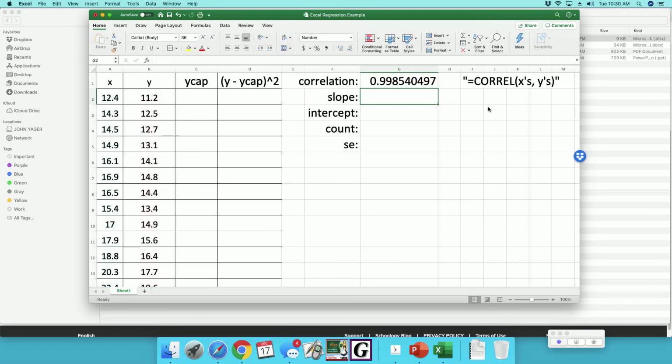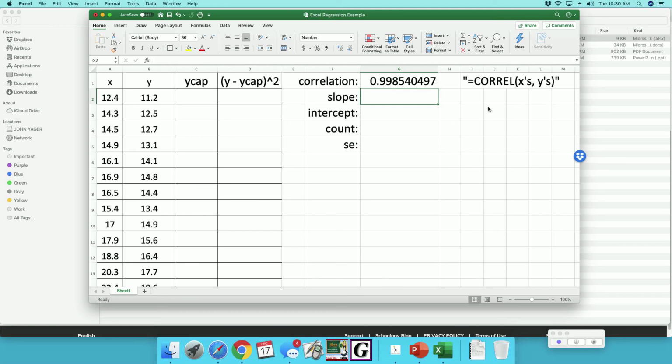So our correlation is 0.9985. It's a positive number. If we were to do a scatter plot, this would be a very good fit line because it's close to 1. 1 is perfect, and this data is very correlated.